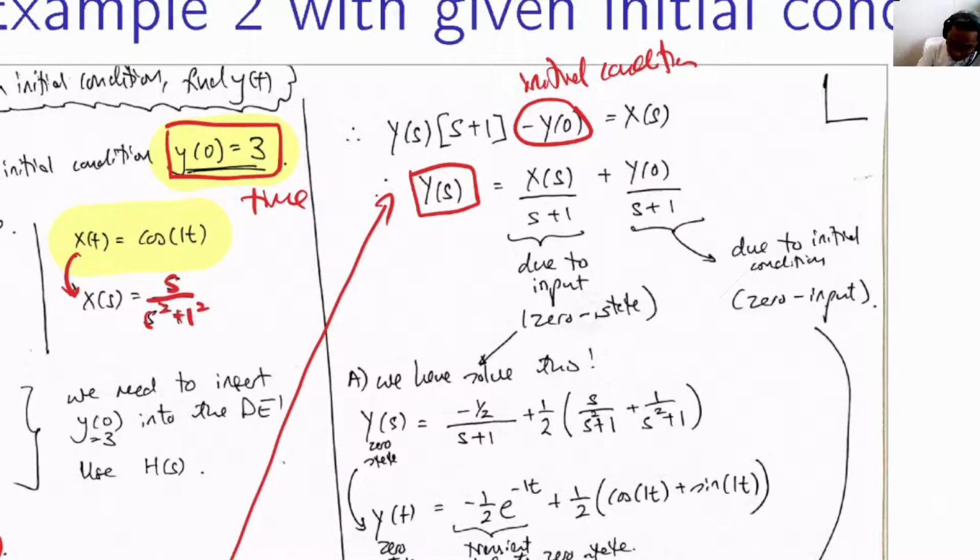But now y of 0 needs to move to the right hand side. s plus 1 is moved to the denominator. So this, x of s divided by s plus 1, is due to the input. It is called the zero state response. What about this one?